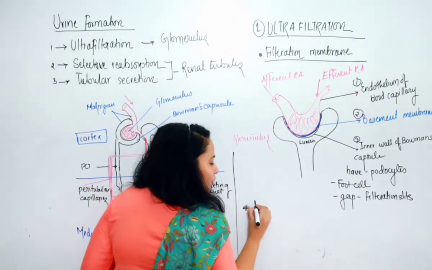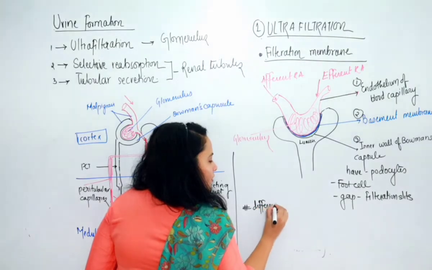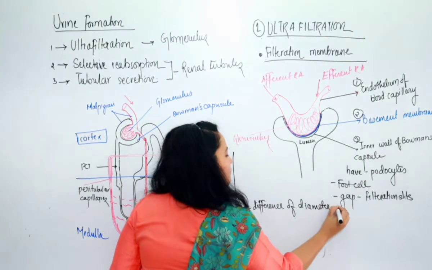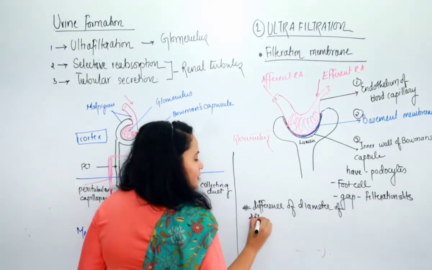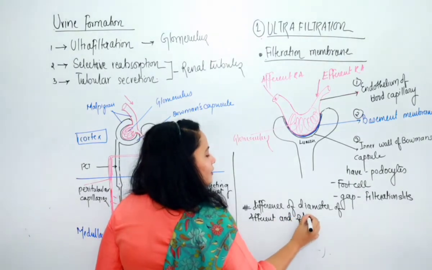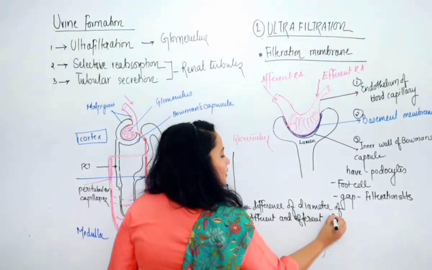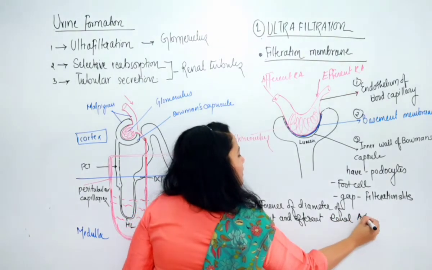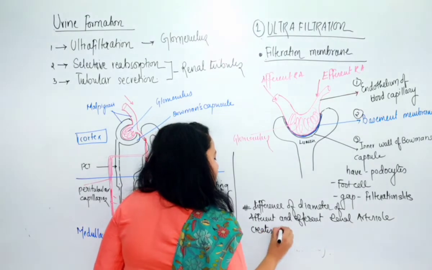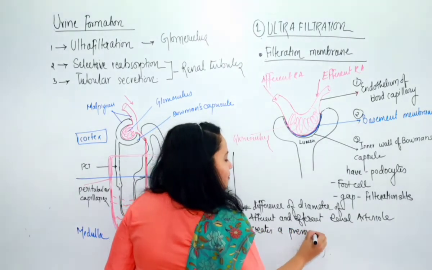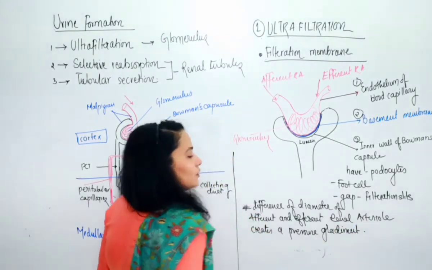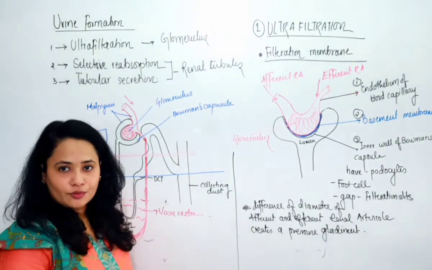So here I'll put one point: difference of diameter of afferent and efferent renal arteriole creates a pressure gradient that helps in filtration process.